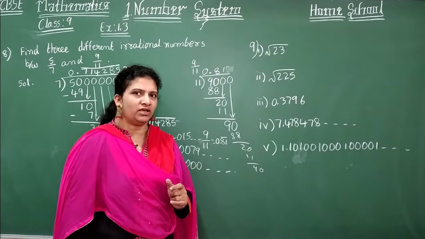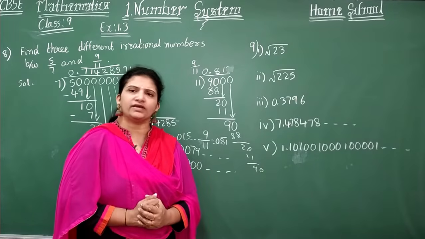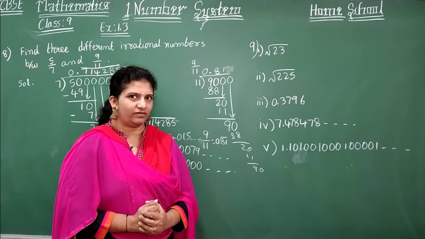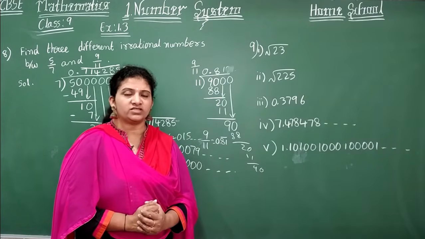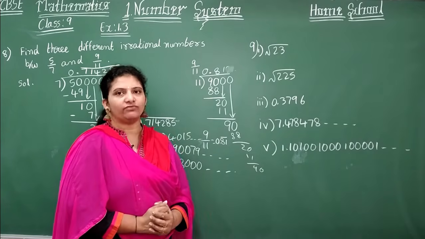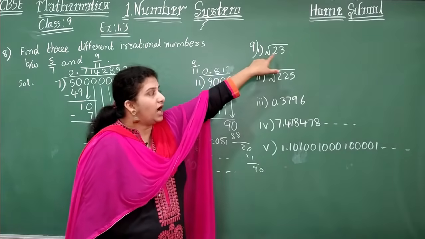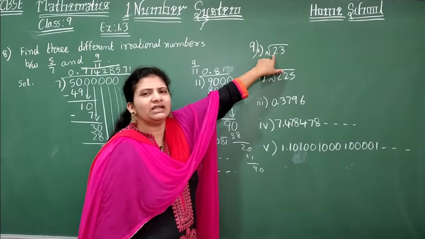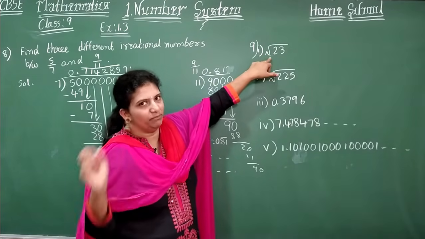What is that number here? 23. Which is the nearest perfect square? Find out. 5 5s are 25. Then check it out. 23 is a perfect square? No, it's not a perfect square. So observe here carefully, children. If you have root and your number is not a perfect square, then directly you can say that it is an irrational number.